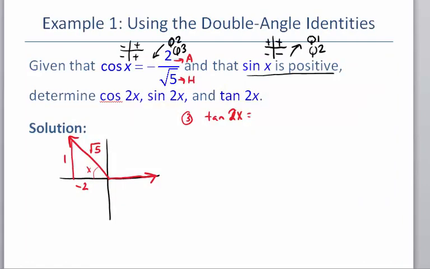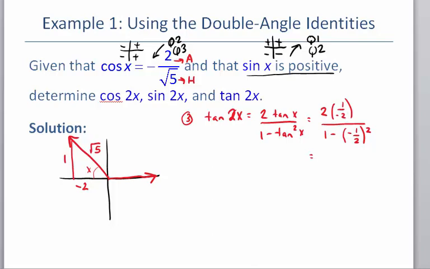So let's write our formula down. 2 tangent x over 1 minus tangent squared x. Now when I look at my triangle and I determine the tangent, tangent is opposite over adjacent, so we're going to have 1 over negative 2. And we're going to be plugging that same value into the bottom for tangent and then squaring it.